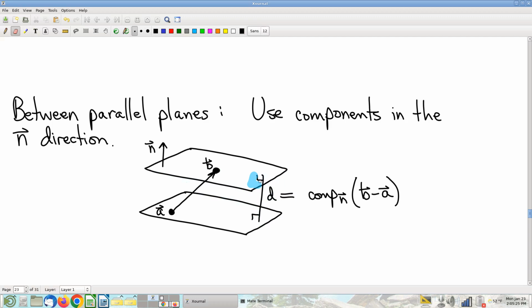Okay, so this is a kind of an easy one. Here's a vector representing a distance that we don't want. This is a non-perpendicular displacement between the planes.